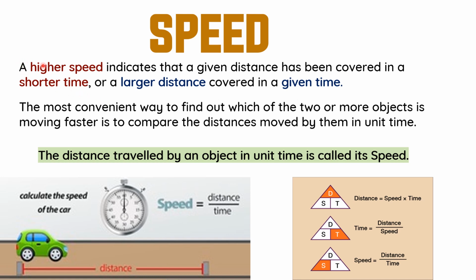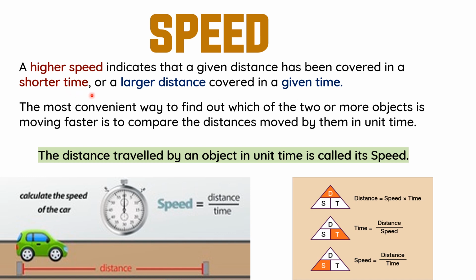So that is the first way: a higher speed indicates that the given distance, that is 10 kilometers, has been covered in a shorter time. Car 1 took only 10 minutes, a shorter time. The given distance of 10 kilometers was given to both cars, but car 1 took only 10 minutes and car 2 took 20 minutes. So car 1 has higher speed.